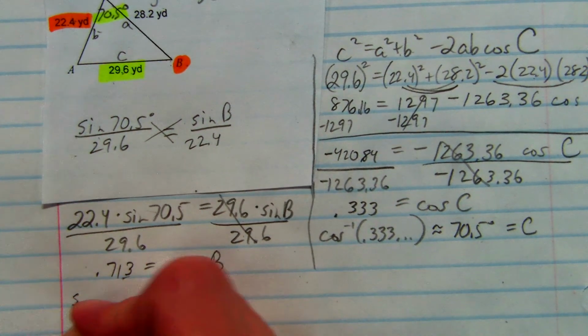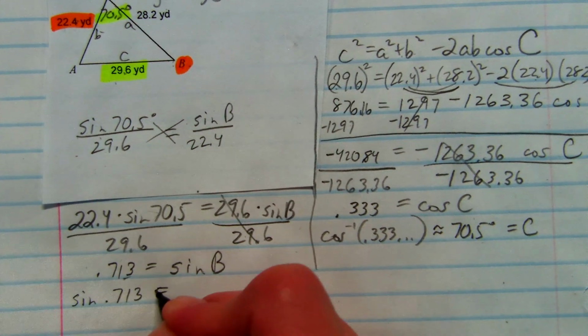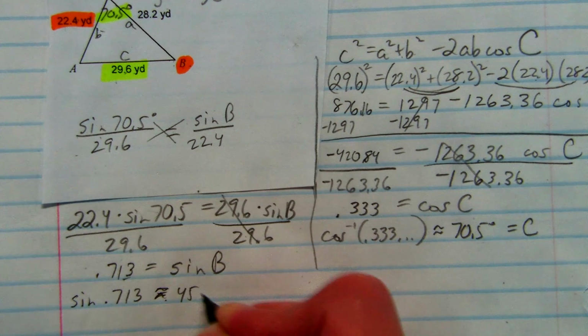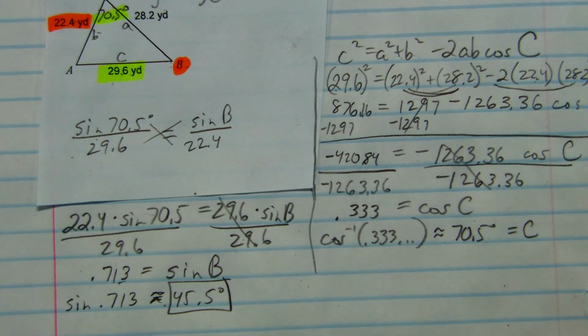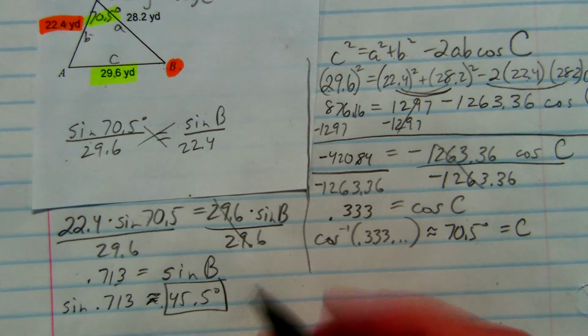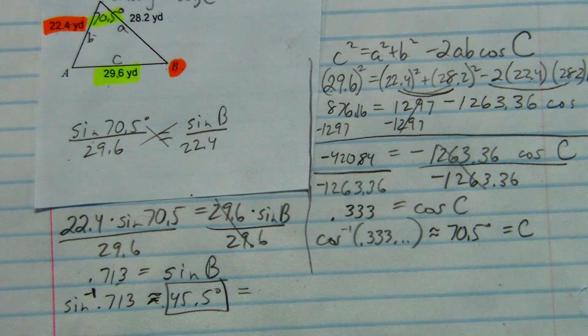And then we'll do the inverse sine of that number. We end up with about, rounding it off, 45.5 degrees. So that's the final. Oh, I meant to write inverse sine. Good, got the negative one. We did it.